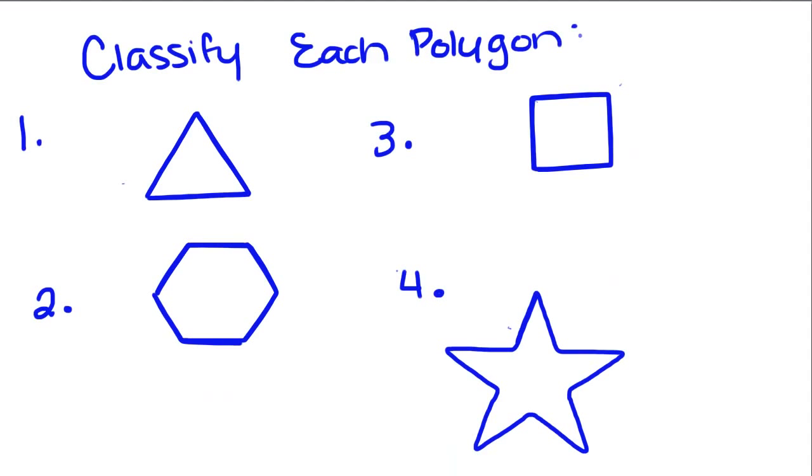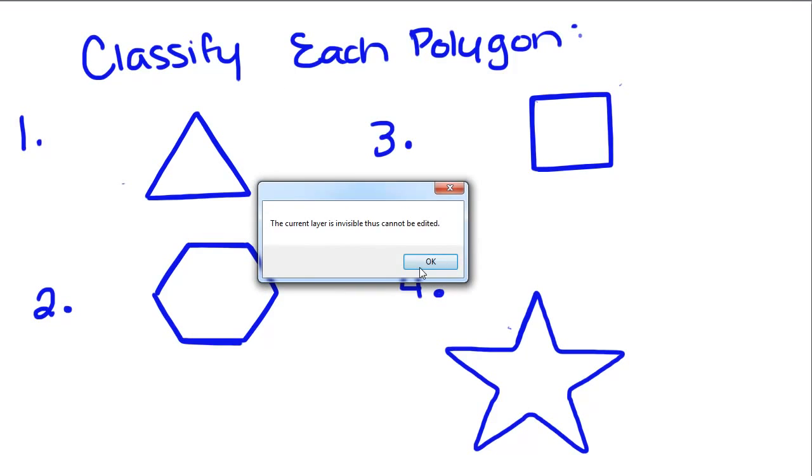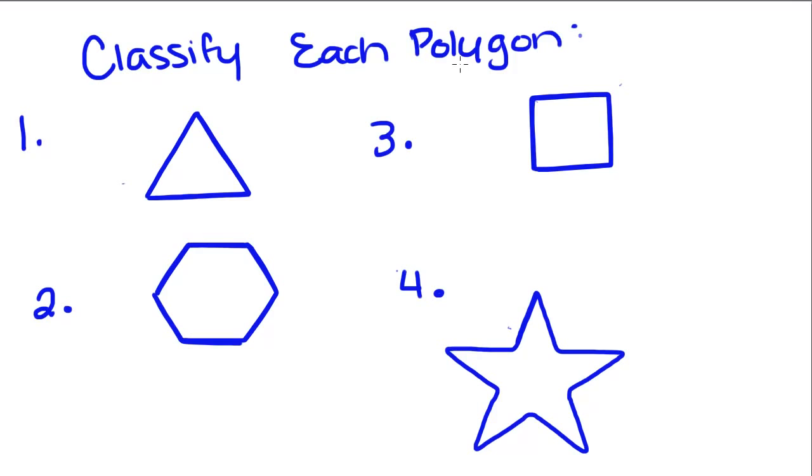So now we're going to do a little practice with classifying each polygon. The first thing we have to do every time is count up the number of sides it has, because that's how we name it. So obviously this has 3 sides, so it has to be a triangle.